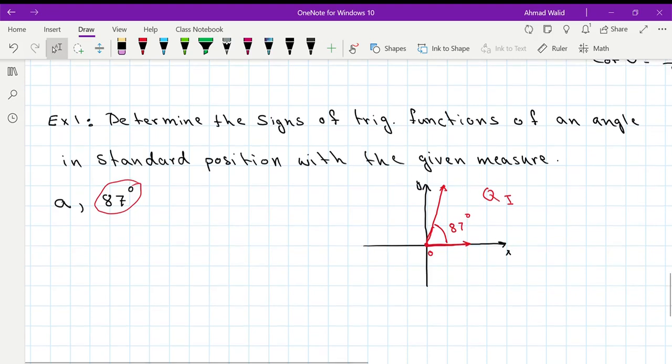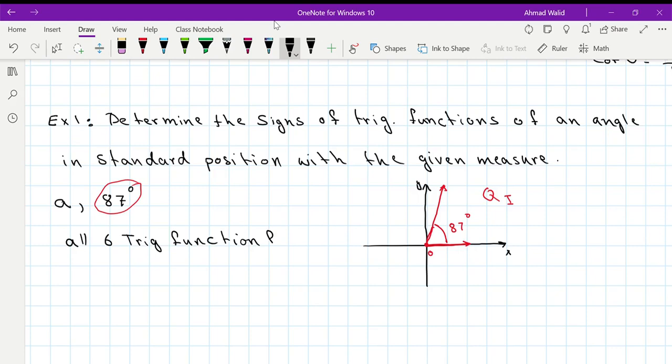Okay, the answer for part A is all 6 trig functions for 87 degrees are positive.